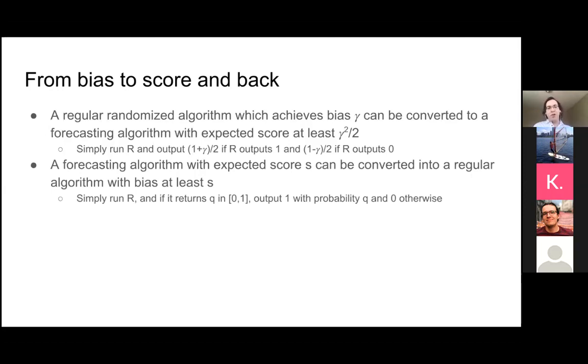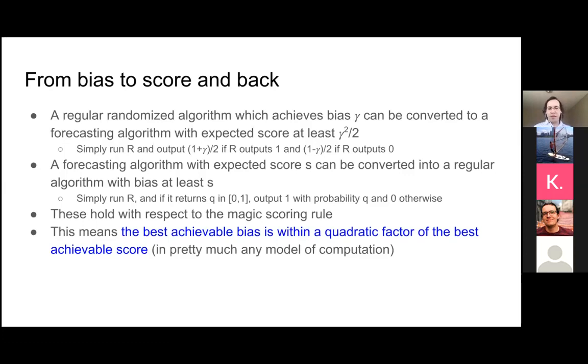And then you can sample from Bernoulli Q. So you will say 1 with probability Q and 0 with probability 1 minus Q. And this will turn out to have the guarantee that if your original expected score was at least S, then your bias for this algorithm is now also at least S. Both of these hold just with respect to that one magic scoring rule. They don't hold for all scoring rules. And this means that the best achievable bias is within a quadratic factor of the best achievable score, pretty much in any model of computation, because these transformations only apply to the outputs at the end of the algorithm.